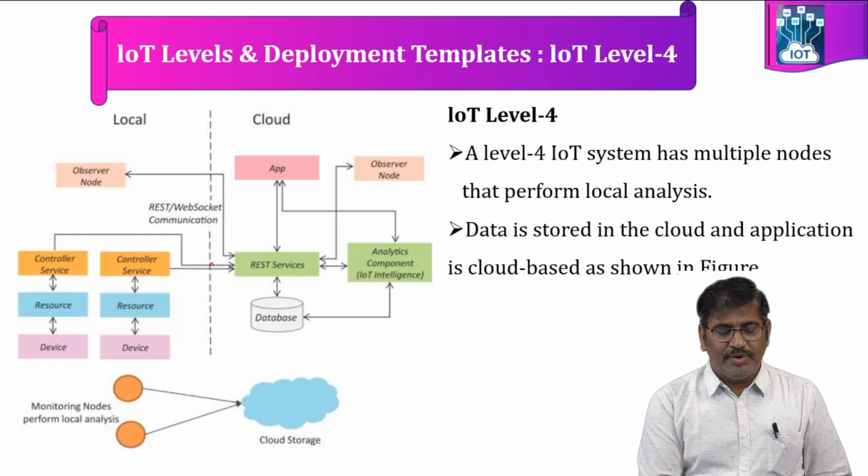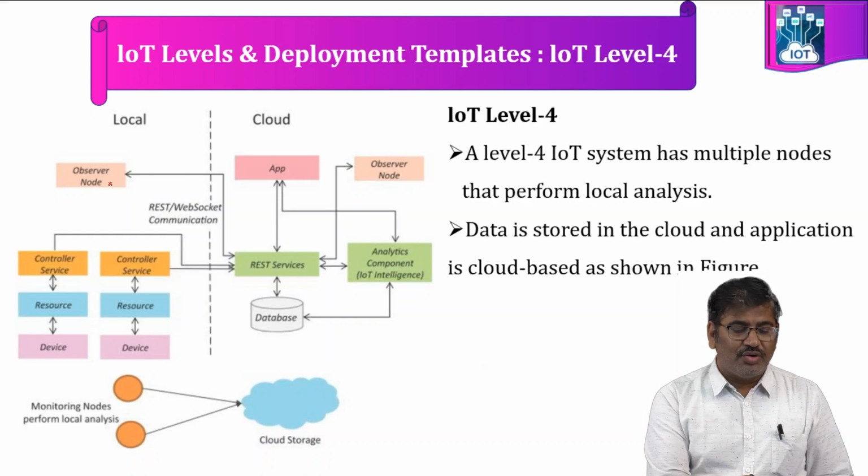These nodes communicate, and the analysis component also takes place using the IoT intelligence. Here the data you receive from the devices, that is the sensors, will be stored in the cloud-based application as well as the database.